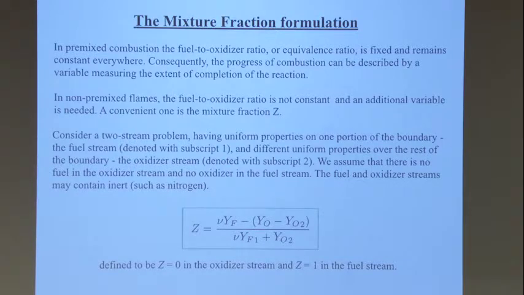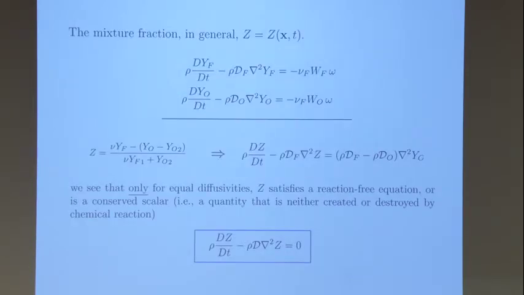Okay? Good. So now, just to show you something that I said in words a minute ago, that Z is a conserved scalar. You see here is the YF equation and the YO equation.